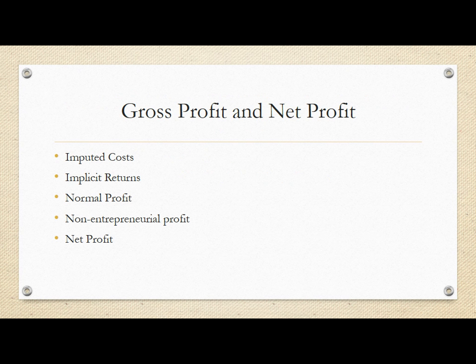So another term: gross profit and net profit. In ordinary parlance, profit actually means gross profit. It is the surplus of total revenue over the total money expenditure incurred by a firm during the production process.